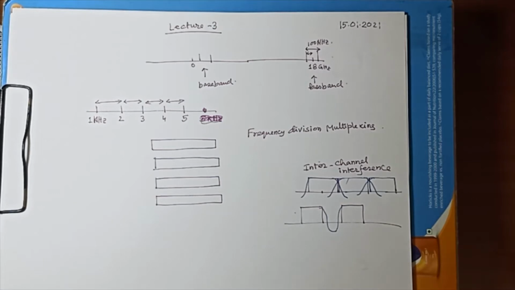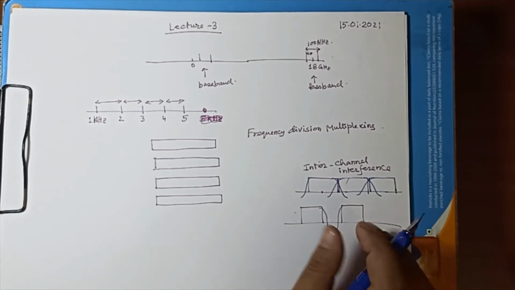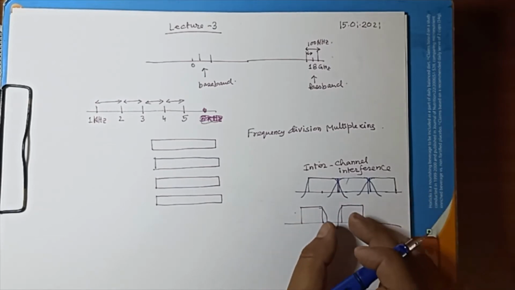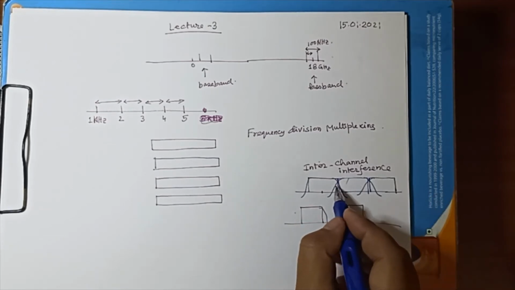That is not in your hand. That is governed by the laws of physics, electromagnetic radiation. So the user requirement is increasing, the requirement on bandwidth is increasing. So we do not have the luxury of keeping two bands in far away regions. They are pretty near and there can be some overlap.